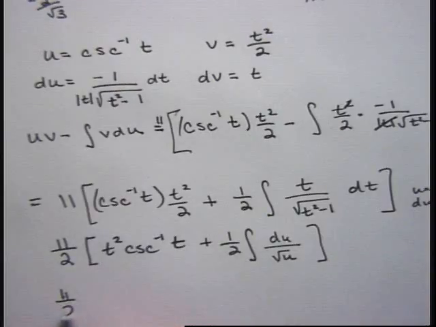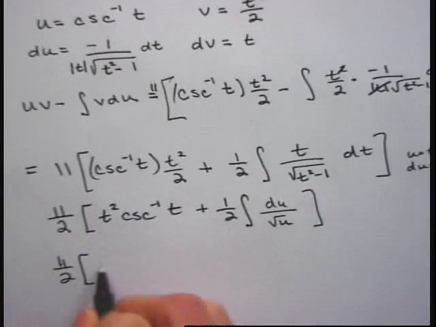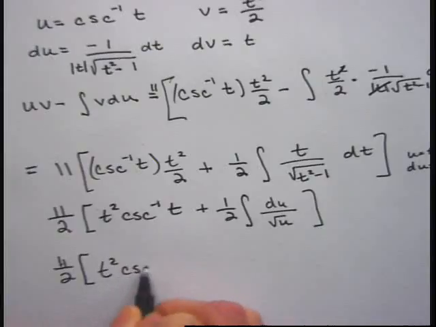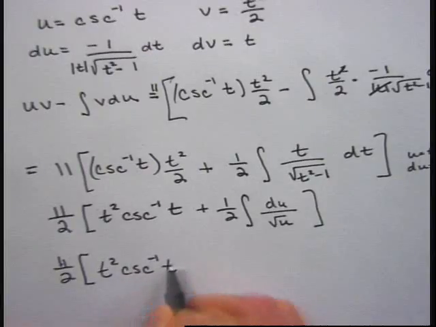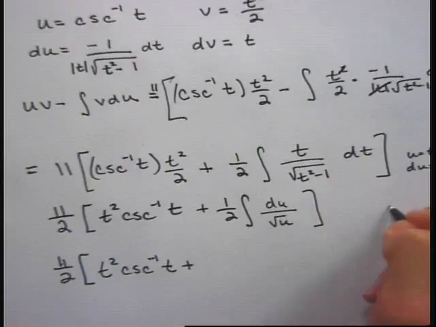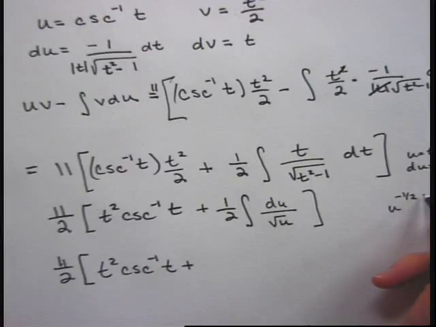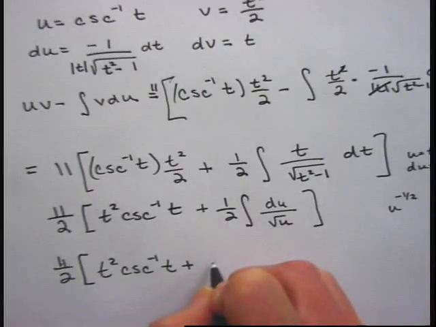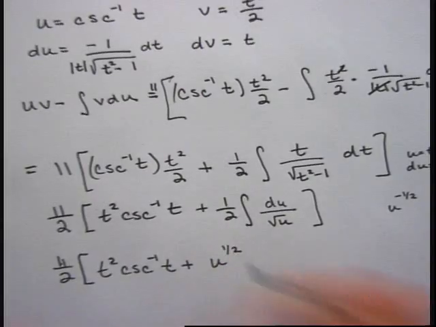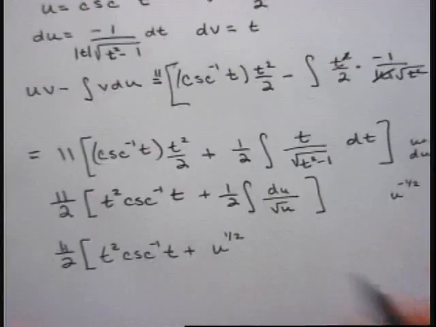So this is 11 halves times t squared inverse cosecant t plus, and this is u to the negative 1/2. You add one to the exponent and put it over it, so that's going to be 2u to the 1/2, which will cancel with that, and so it'll just be u to the 1/2, and our u was t squared minus 1.